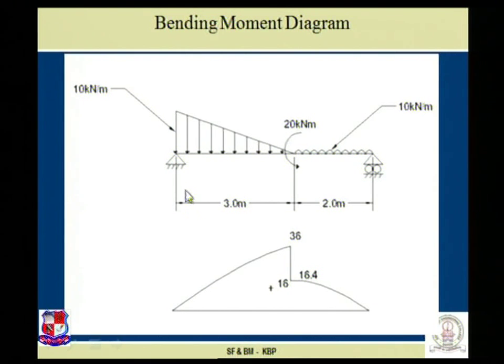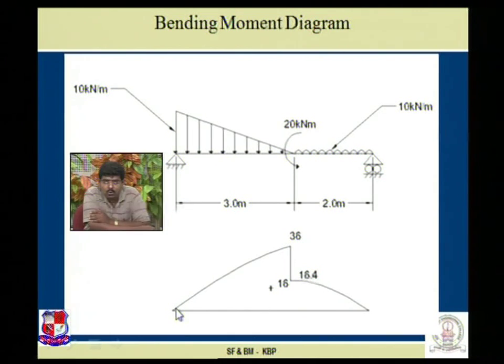Now visualize the value of bending moments are 0 at its supports. The given load between A and C is of UVL, hence the variation of bending moment between A and C is of the nature of a cubic parabola.